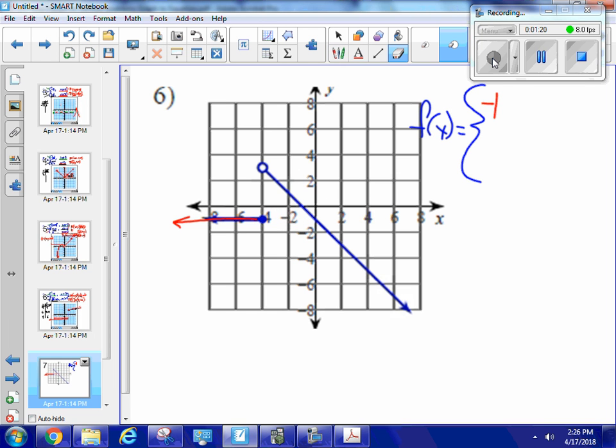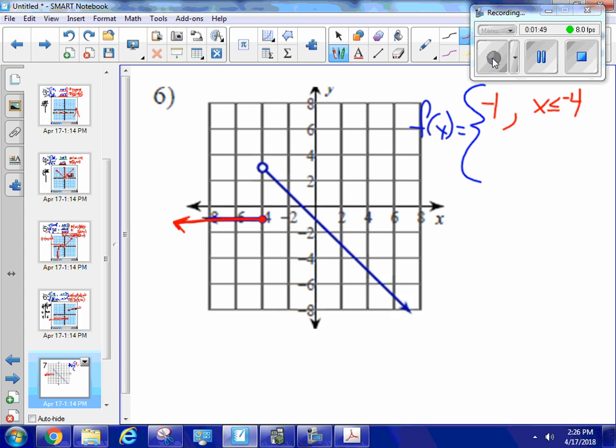It starts where x equals -4. So this is y equals -1, but only for x less than or equal to -4. I know that it's less than or equal to because -4 is right here and it's a solid dot. And for all the x's less than or equal to -4, my y value is equal to -1.